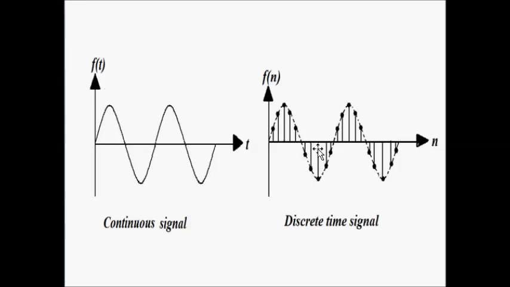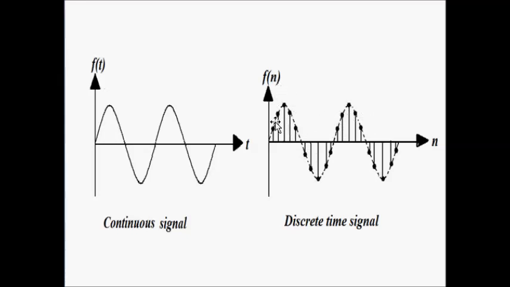We will create a video on that topic specifically, but for the time being you just understand that in a discrete time signal only the amplitude values at certain specific points represented by these black dots are considered, and the amplitude values at all the other points are not considered.